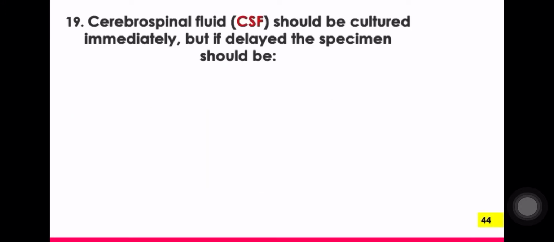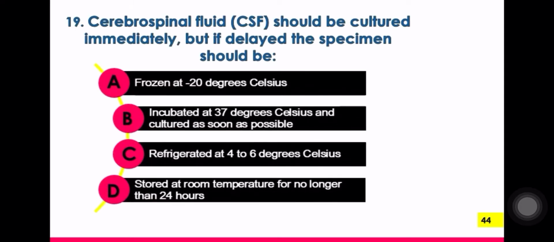Next, for number 19, let's go to microbiology. Cerebrospinal fluid, CSF, should be cultured immediately, but if delayed, the specimen should be: letter A, frozen at -20 degrees Celsius; B, incubated at 37 degrees Celsius and cultured as soon as possible; C, refrigerated at 4 to 6 degrees Celsius; D, stored at room temp for no longer than 24 hours.